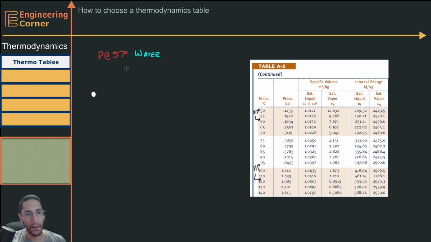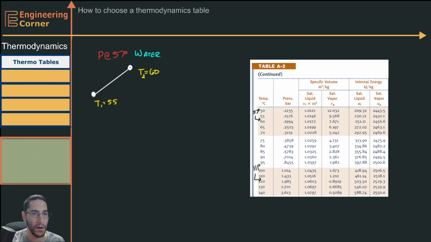But going back to the interpolation, if these represent my two entries, over here I have temperature T2 equal to 60, because the closest entries I have are 55 and 60, and T1 is equal to 55.